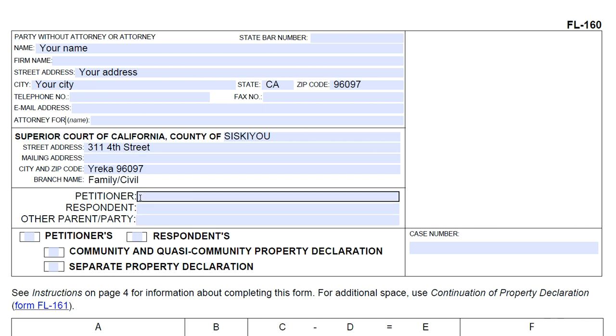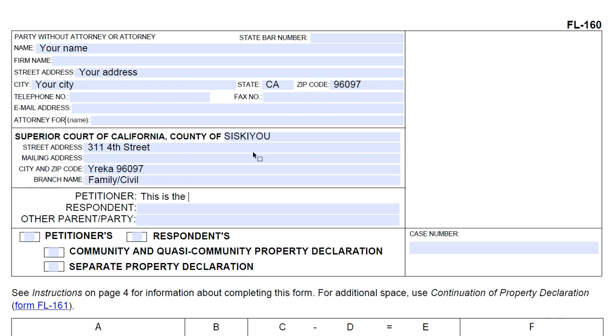Okay, the next part is the petitioner and respondent. The petitioner is the person who filed the first papers. So whoever started the divorce or legal separation is the petitioner and will always be the petitioner.